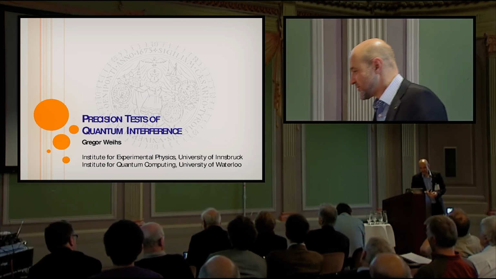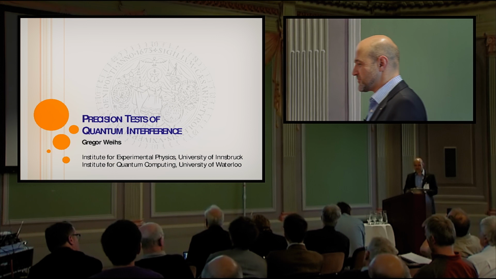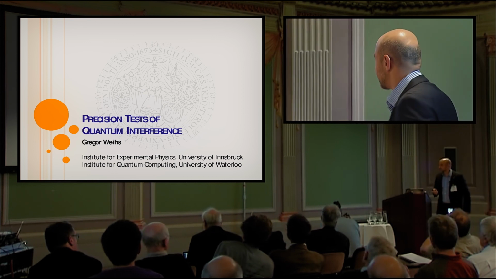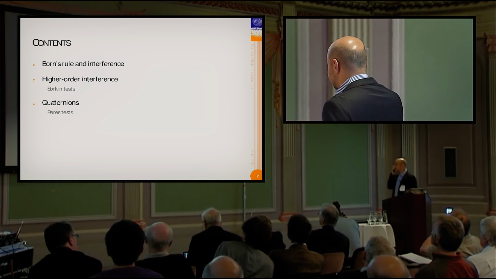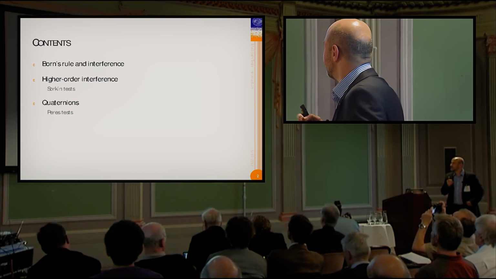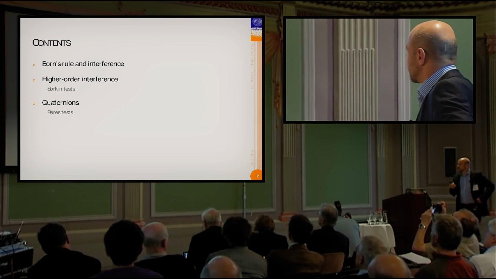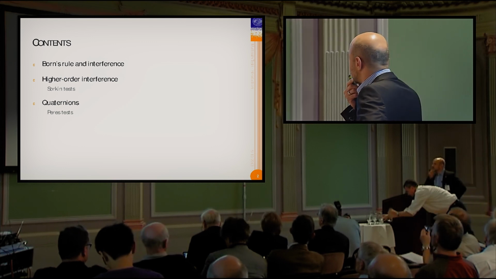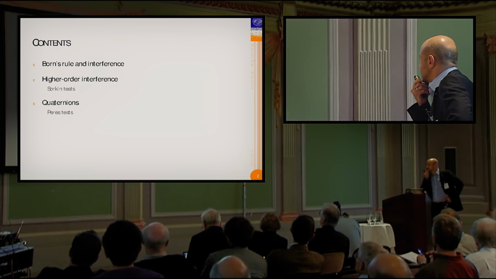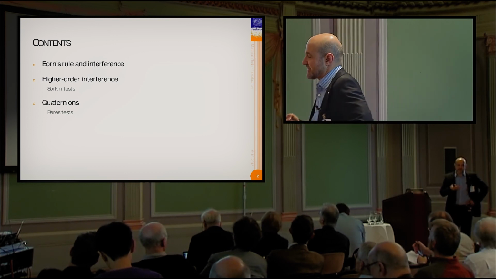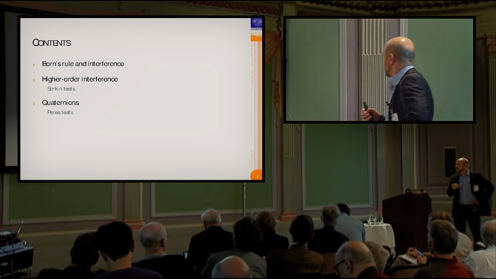So this talk I entitled Precision Tests of Quantum Interference, and what we're going to look at is first Born's Rule. I'm in particular interested in interference, and I'll show you how higher order interference was proposed as just a way of classifying general probabilistic theories.